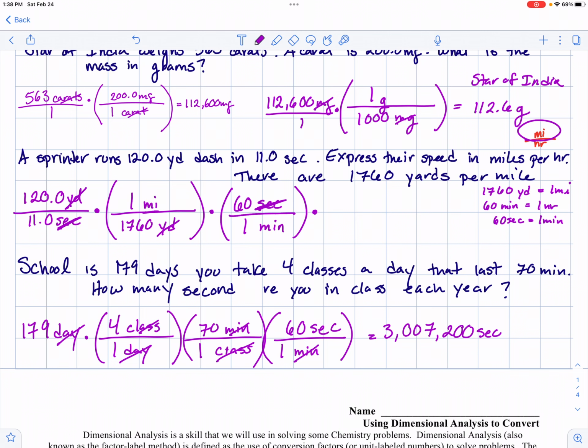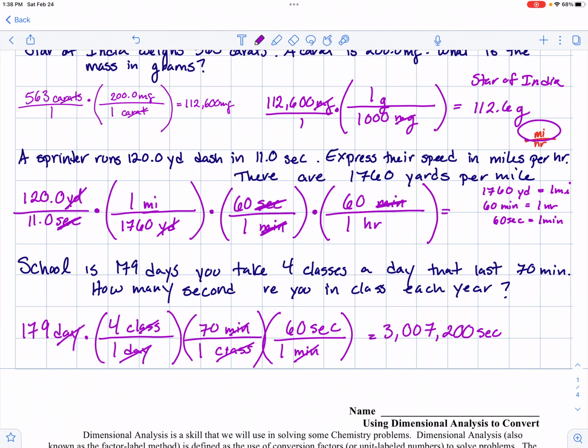So I'm going to do one more conversion factor, and I want to get out of minutes. Keep in mind minutes are on the bottom, so I want to put minutes on the top so that they cancel. I know that there are 60 minutes in every 1 hour. That's going to keep hour on the bottom for me, because that's where I wanted it, miles per hour. Then I'm going to do my math all the way across.